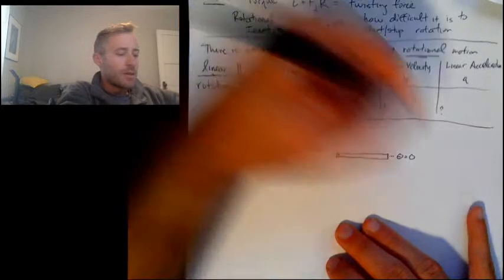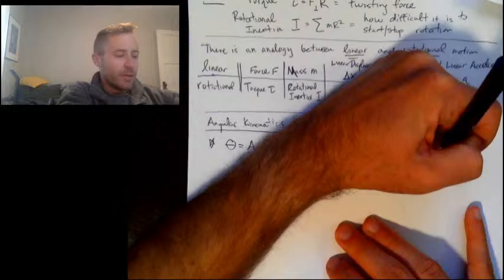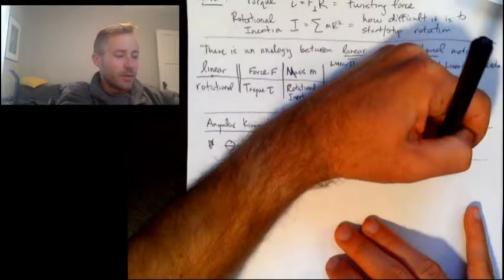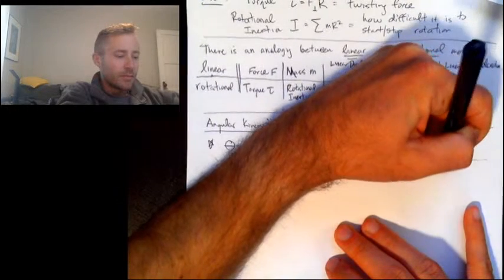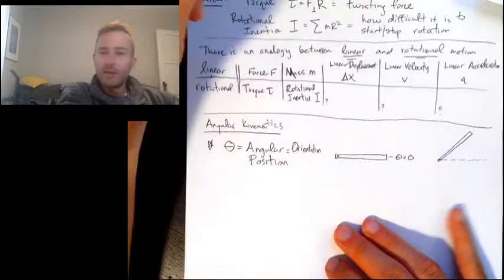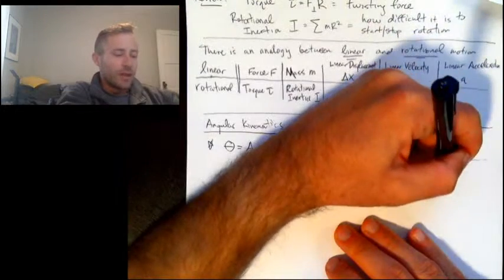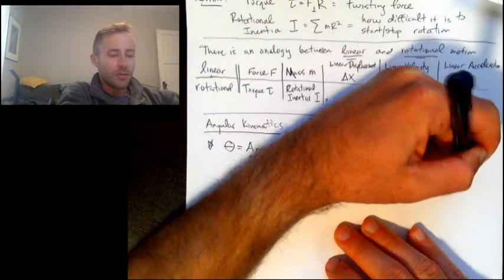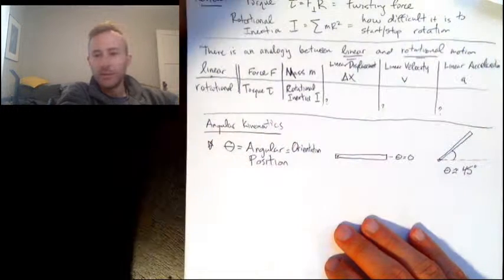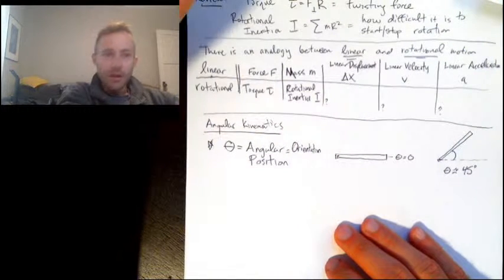If you have a beam that is, I don't know, like this, then we would just measure that angle, and so that has an angular position of approximately 45 degrees.